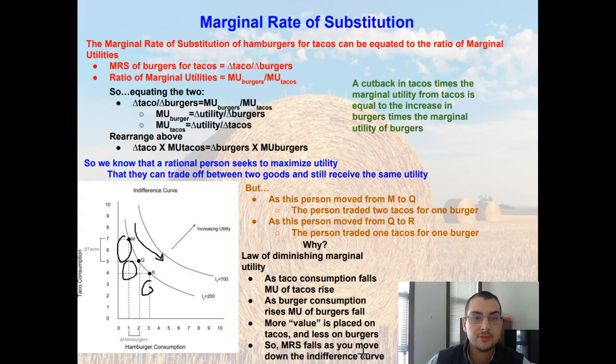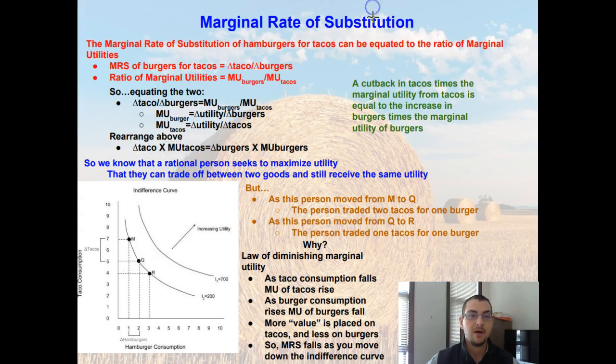This is why this particular formula comes in pretty handy. Whereas right here we traded 2 tacos for 1 hamburger, as we move from Q to R, we trade 1 taco for 1 hamburger. That means these marginal utilities must be adjusting as well, because those two have to equal each other.